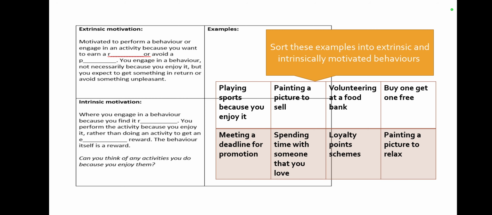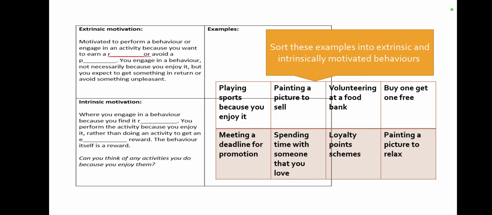Okay, to help you along with that, I'd like you to use these 8 examples and pop these into your booklet. So on the top left hand side, extrinsic motivation, motivated to perform a behaviour or engage in activity because you want to earn a reward or you want to avoid punishment. You engage in a behaviour not necessarily because you like it, but you expect to get something in return or avoid something unpleasant.